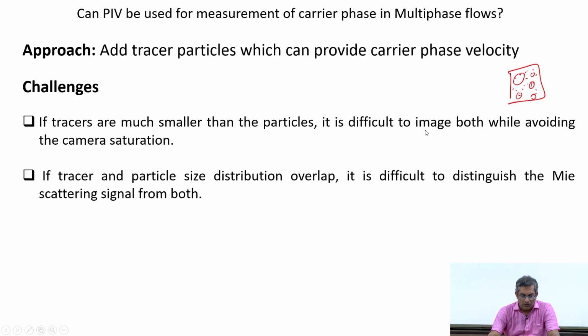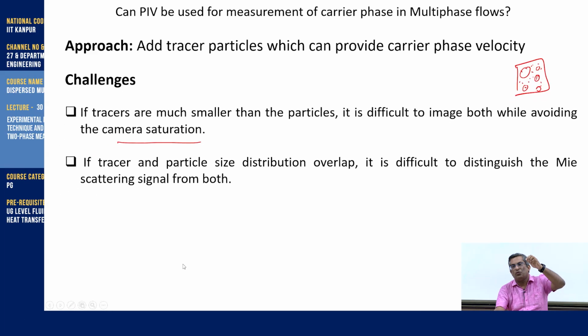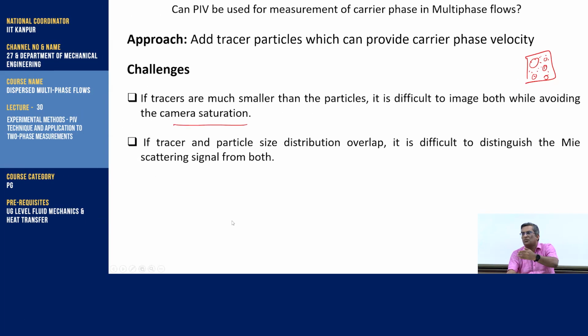We mainly have a problem if the particle size distributions overlap. Another problem is camera saturation. To visualize the small tracer particles, we increase the intensity of the laser. But when you do so, the dispersed particles will also give very high intensity, and that will saturate your camera.